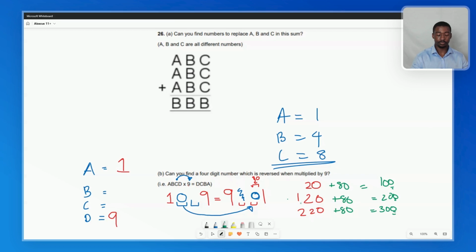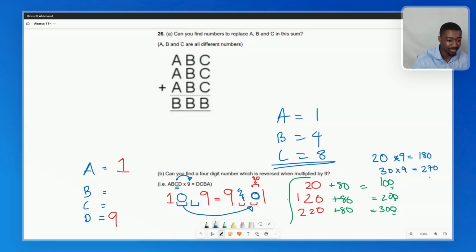So now we're thinking 20, 120, 220, 320. What number must C be to give us a value that is something 20? Because if C is 2, for example, 20 times 9 is 180. 30 times 9 is 270.